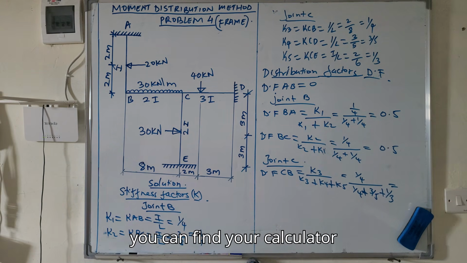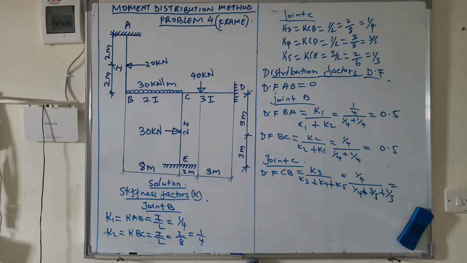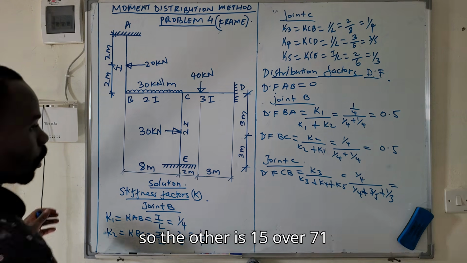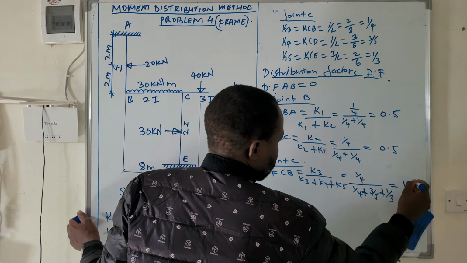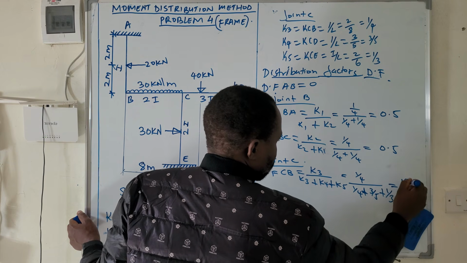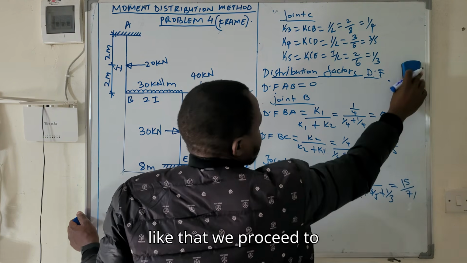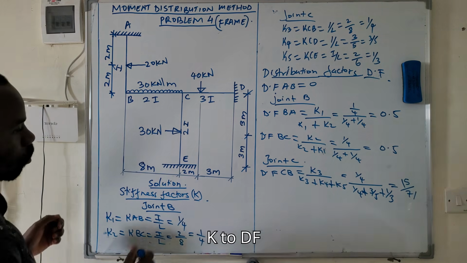You can punch your calculator. So the answer is 15 over 71.